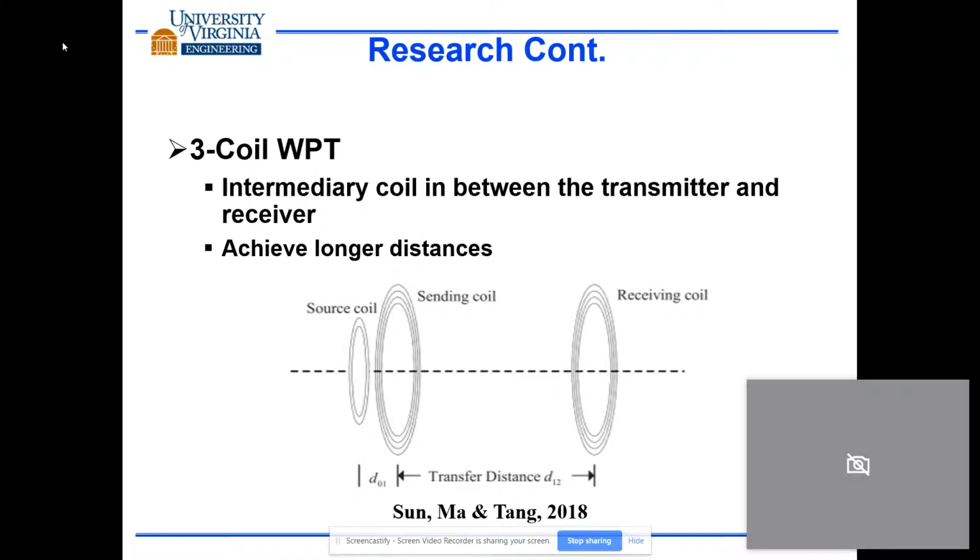And to prevent this, you can just place an additional coil adjacent to the transmitter. The crucial characteristics of this are to increase the mutual inductance between the receiving resonator and the transmitting resonator, and to shift the current stress from the source coil to the transmitting resonator.